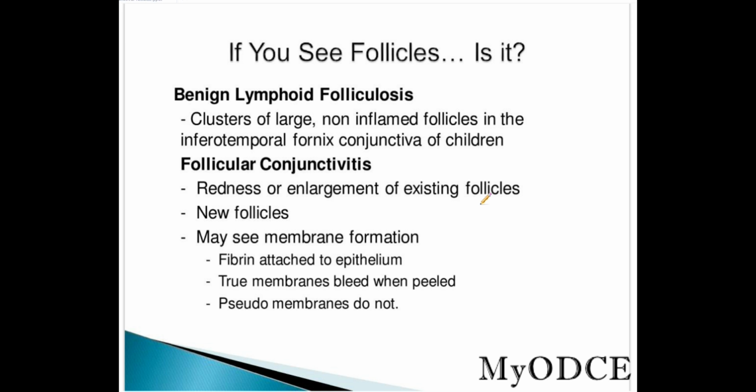Now, the membranes, we think of fibrin attached to epithelium, and we try to make the distinction between pseudomembranes versus true membranes. If you peel, true membranes bleed, whereas pseudomembranes do not. And the fibrin also comes from the inflammatory response as the blood vessels vasodilate and release the fibrin onto the conjunctival surface.